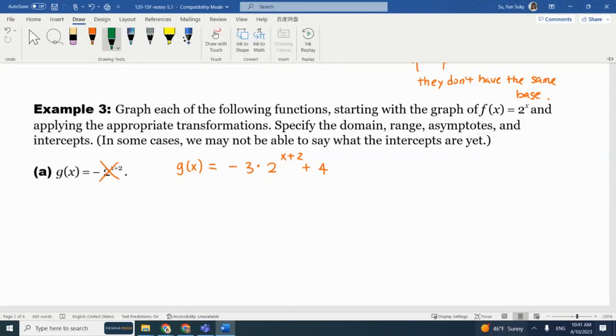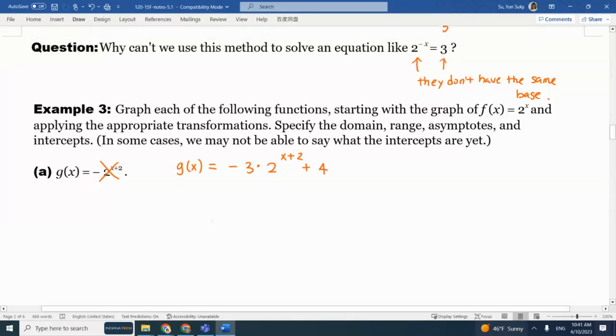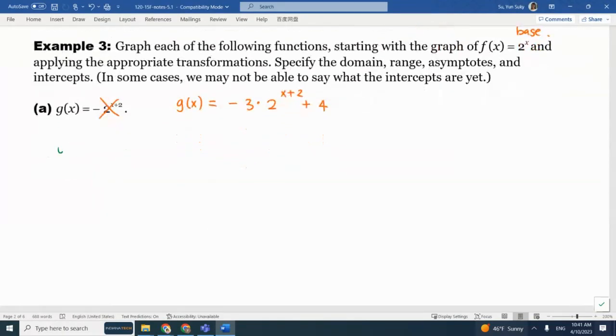The fourth one: straight up and down. Okay. Look at this. Our parent function is always the exponential function, right? And the base is 2. You see? The base is 2. Okay. So step 1. Write down the parent function.